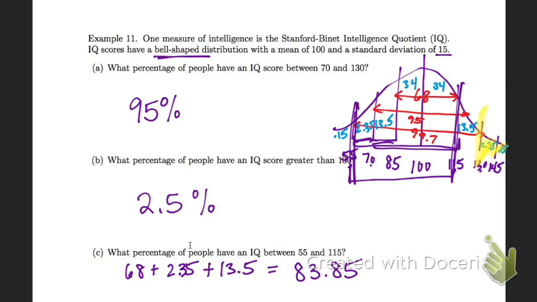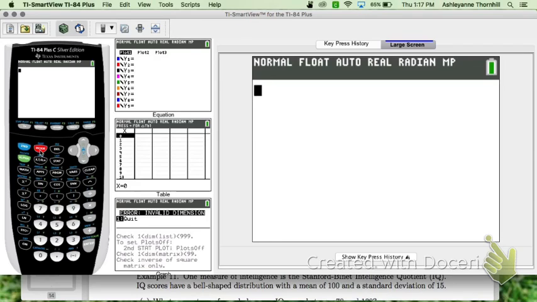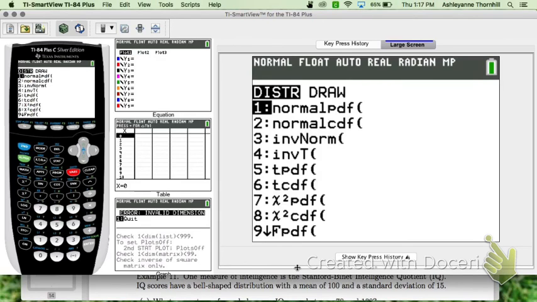If I want to figure out the answer to number 1, A, it says what percentage of people are between 70 and 130. I'm going to go to the second button, VARS. Second VARS.